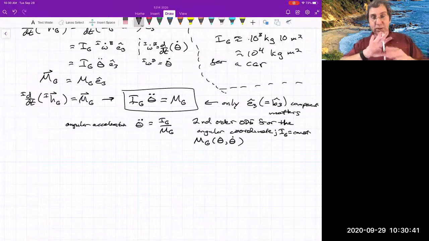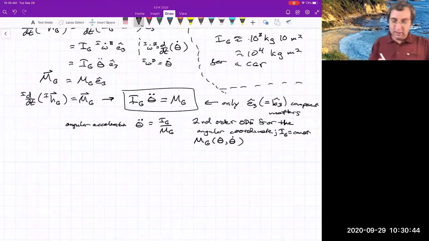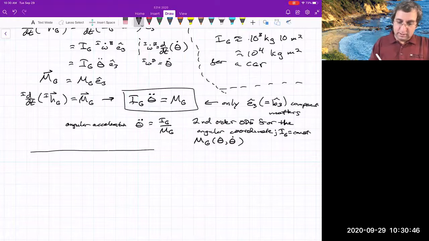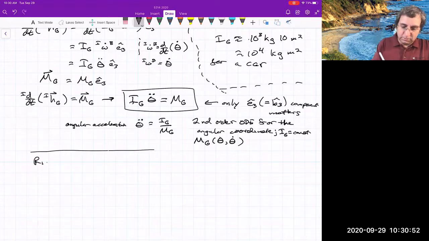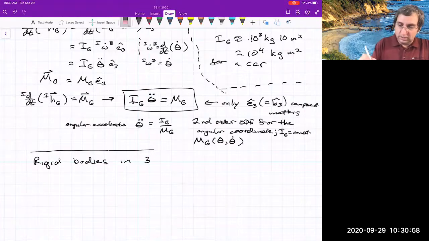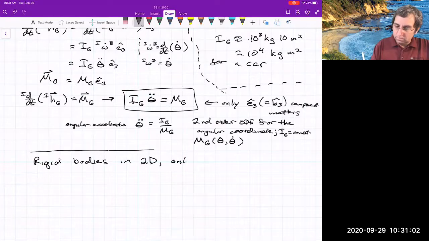So yes, looking at rigid bodies in 2D is a big simplification. Another way to think of it is in terms of degrees of freedom. Rigid bodies in 2D only have 3 degrees of freedom. What do I mean?